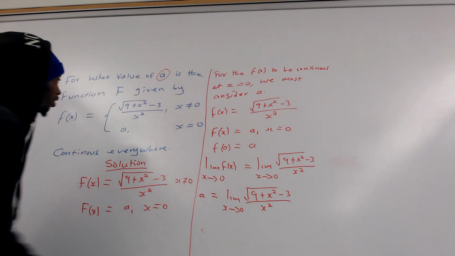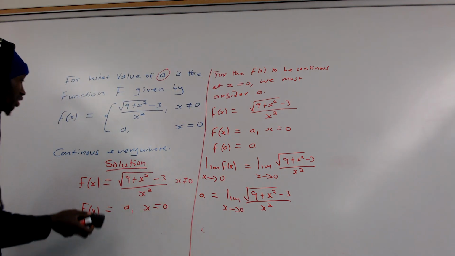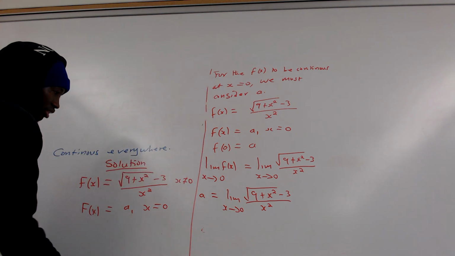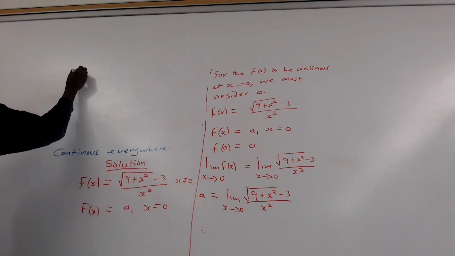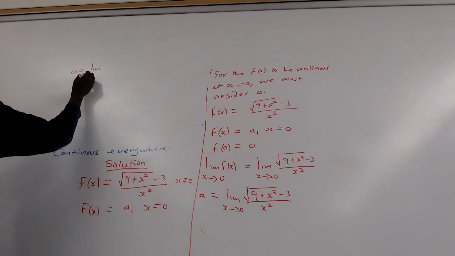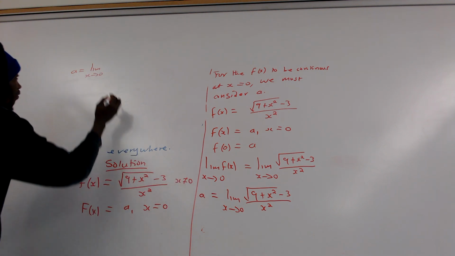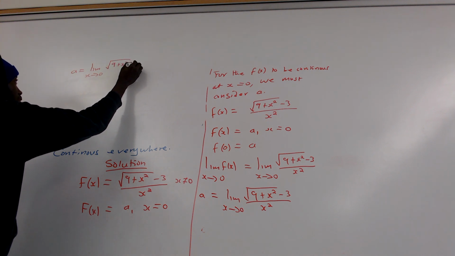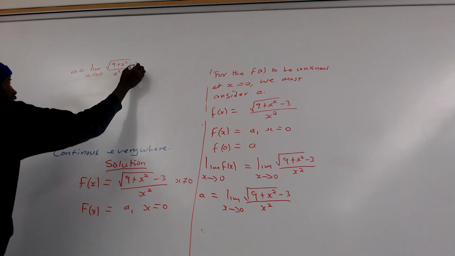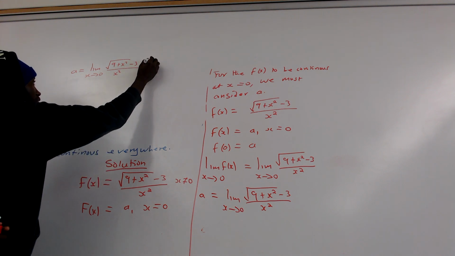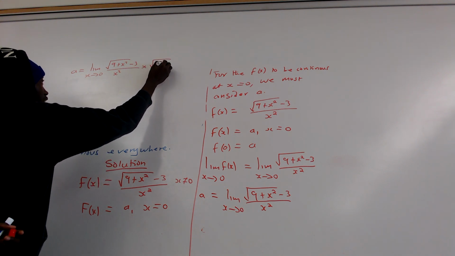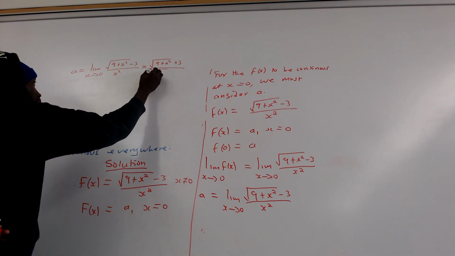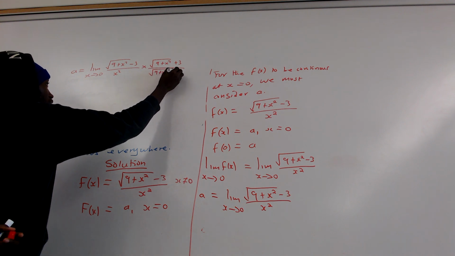So if we continue with this function, a equals the limit as x tends to 0 of the square root of 9 plus x squared minus 3 divided by x squared. We multiply both sides as we did by the square root of 9 plus x squared plus 3.